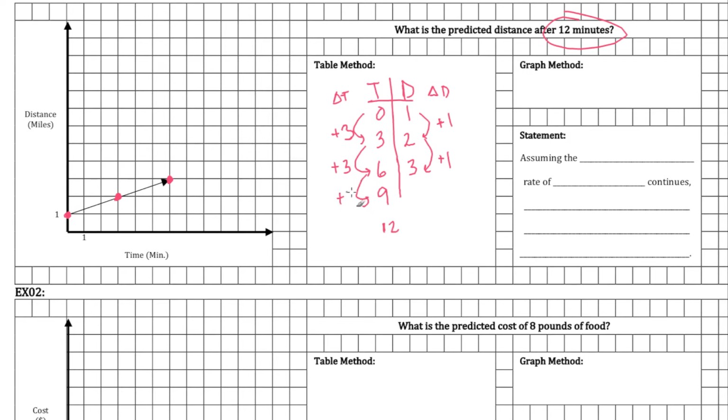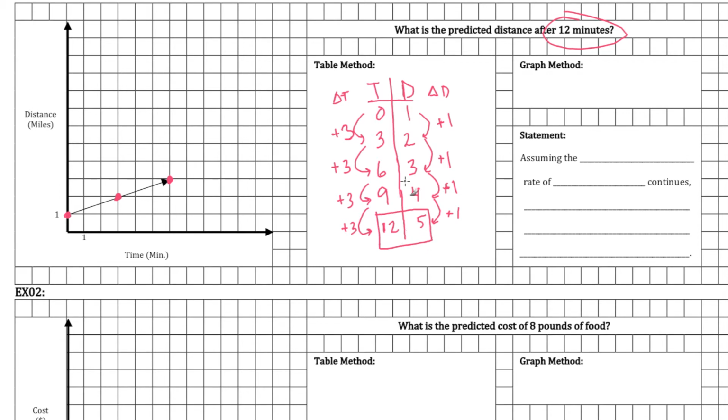So plus 3, and then plus 3 again. And then this is just plus 1, plus 1. So we get 4 and then 5. So this right here is where our solution is. After 12 minutes, the distance is 5 miles.